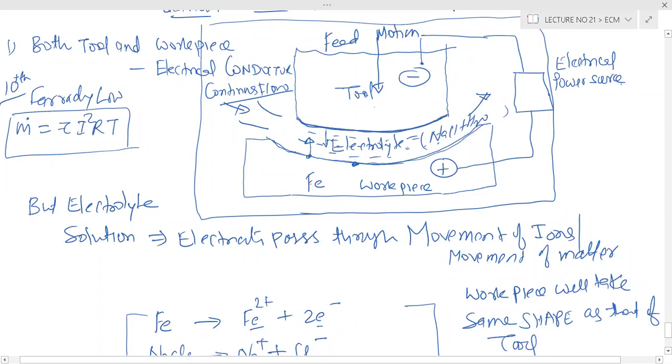Suppose this is our tool shape, then the workpiece shape will be like this. If your tool shape is like this, then your workpiece will also be like this.